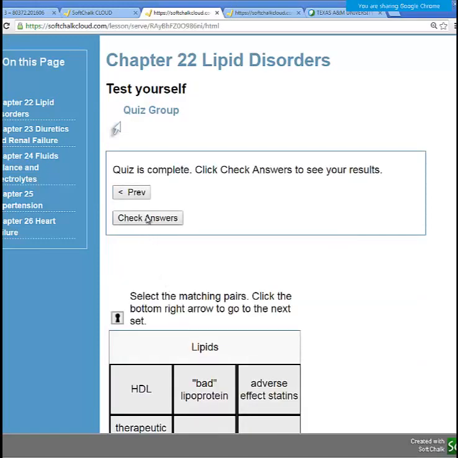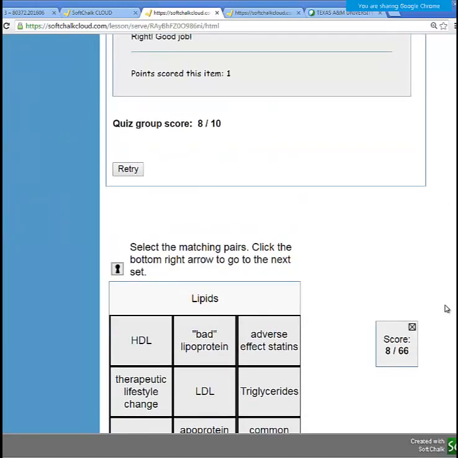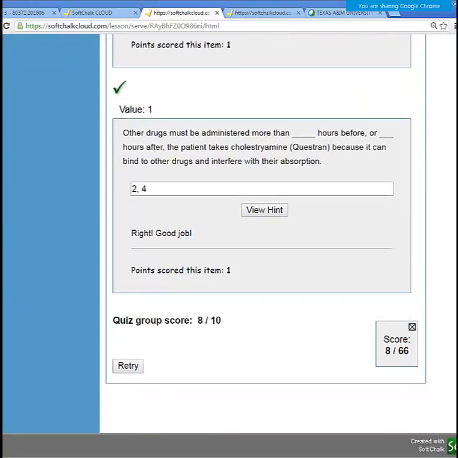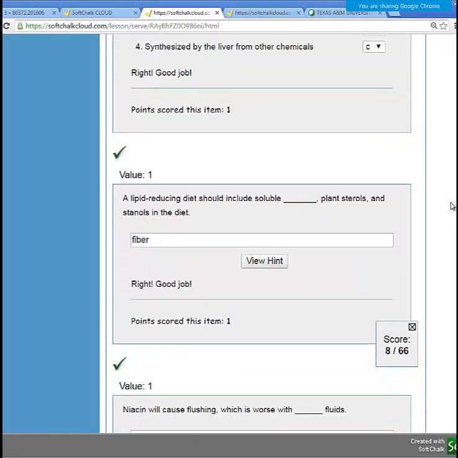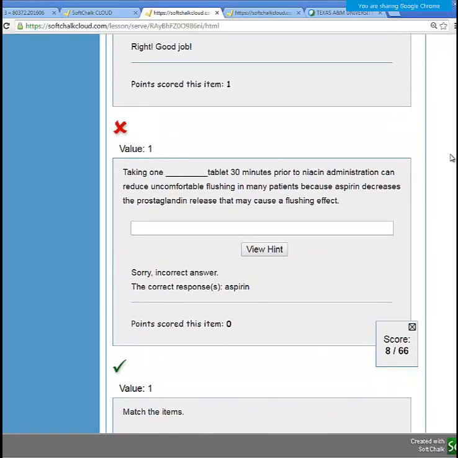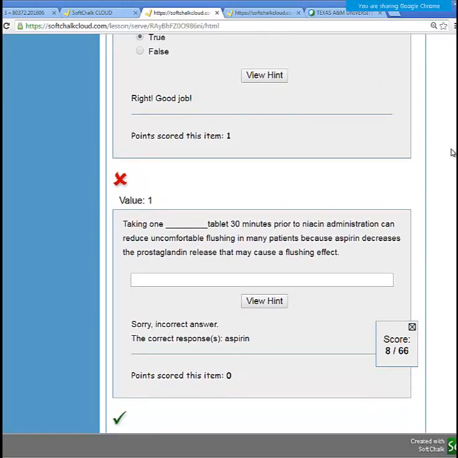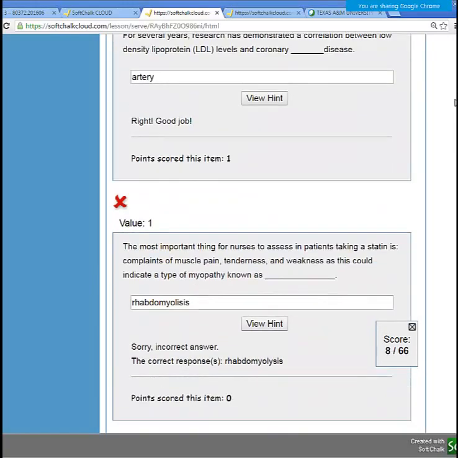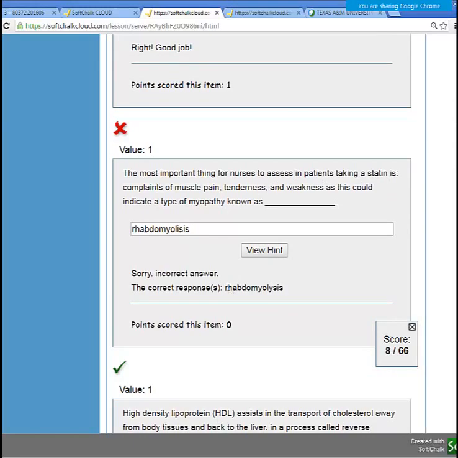So we can check our answers. Let me see if I got any of them right. When I check my answers, it shows me everything here. So I didn't answer that one. And then I spelled that one wrong. There was a Y right here, rhabdomyolysis.